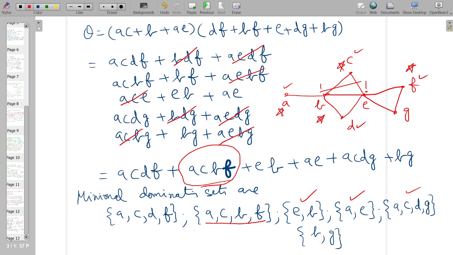Now I have a problem with this ACBF. ACBF cannot be a minimal dominating set.